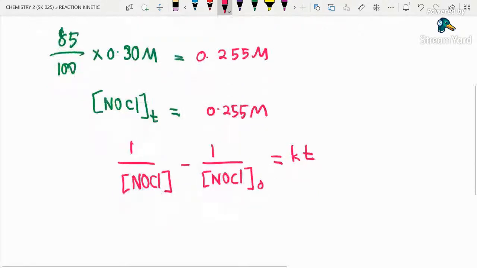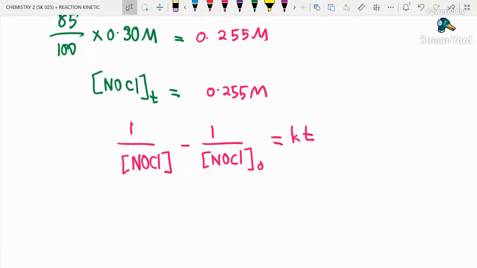Okey, cuba masukkan dalam equation ni sebab kita nak cari nilai K. 1 bahagi, kalau yang ini tak ada huruf apa-apa kat sini, maknanya adalah pada masa T, concentration pada masa T, meaning that 1 bahagi 0.255 lah.